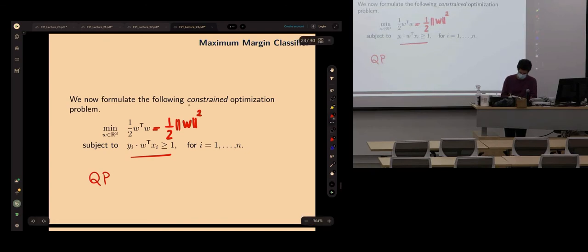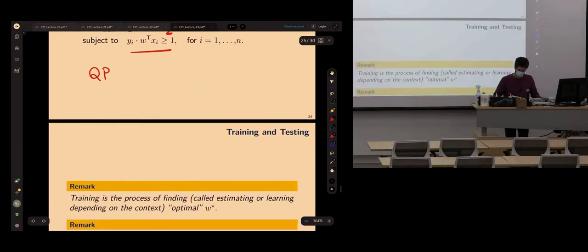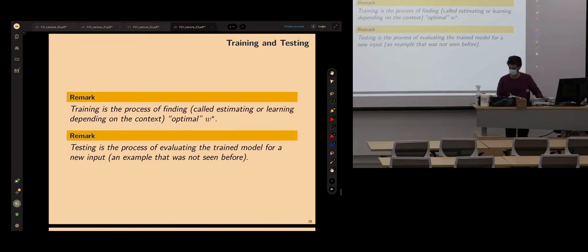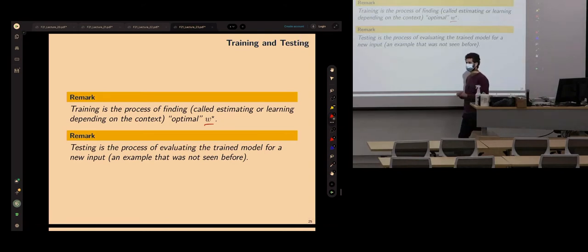Again, the problem is constrained. It's different from what we had before. So I'm going to talk about a few concepts quickly, and then we go back to QPs. Training is the process of finding, or depending on the context, you might call it estimating or learning, the optimal value of W. Now, optimality is, again, with respect to the cost function, right?